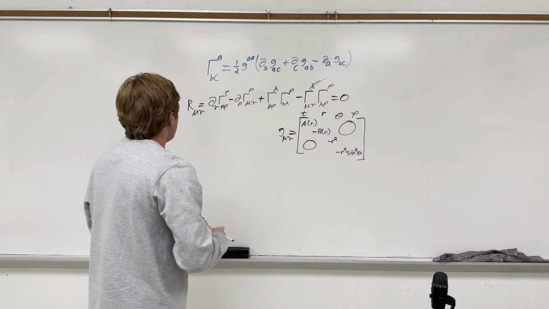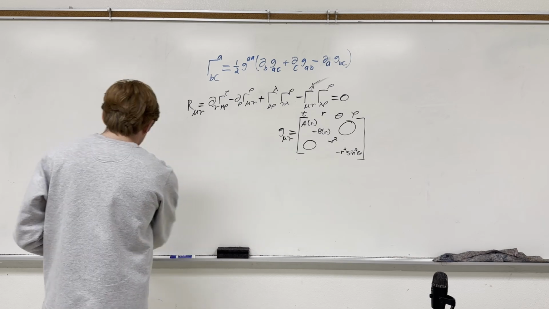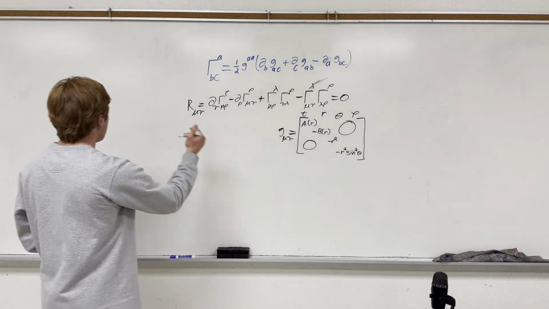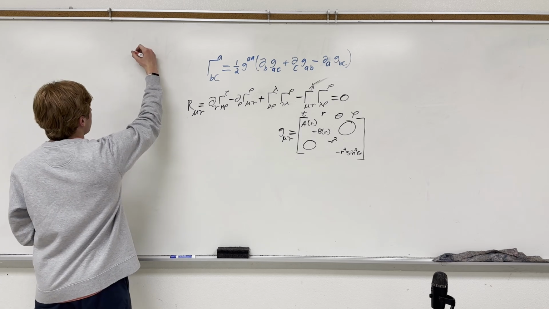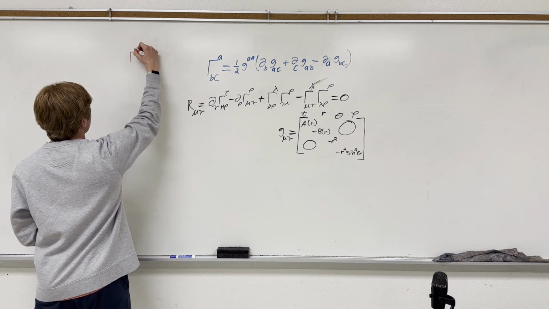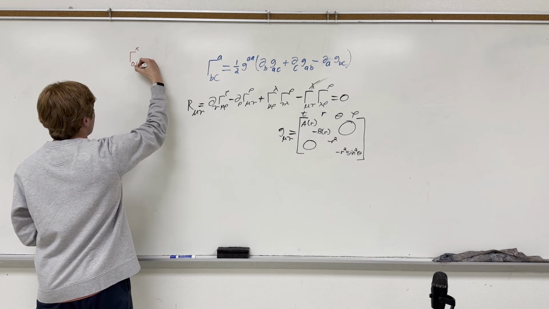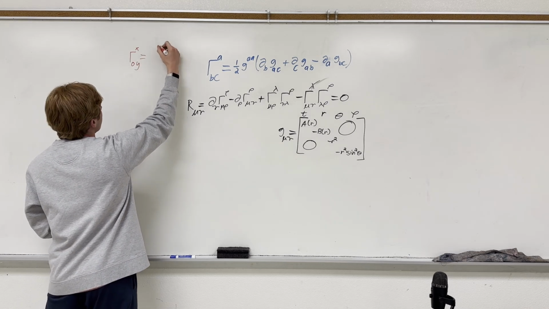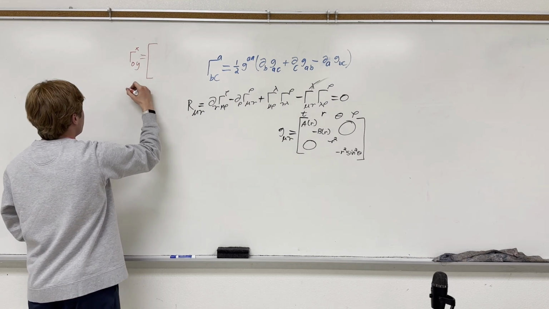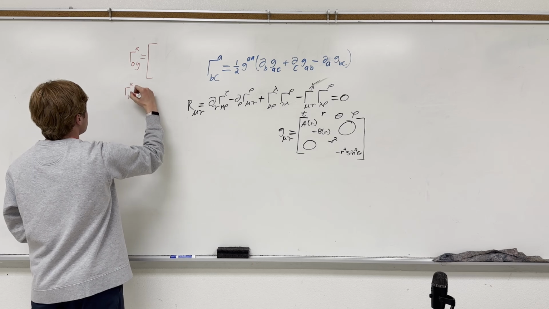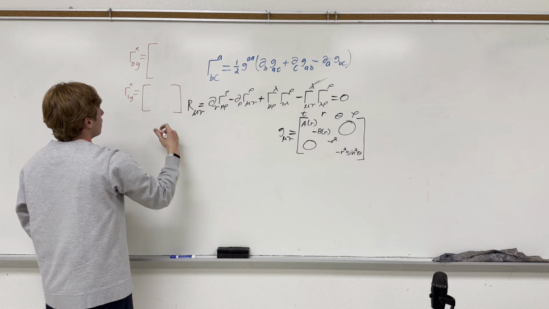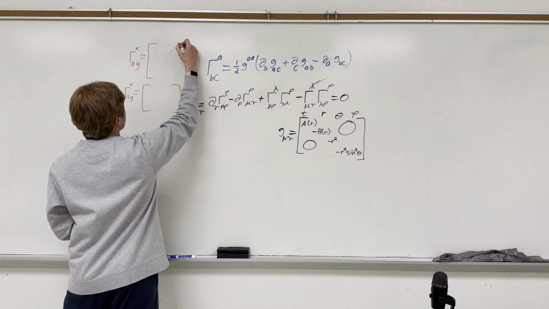Since there are a lot of these and we do need to log them, I'm going to express them using matrices. So we're going to have gamma 0, x, y, then a matrix, and then gamma 1, x, y, another matrix, and so on and so forth.